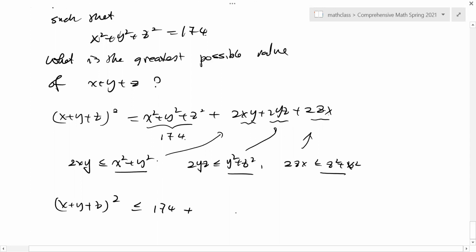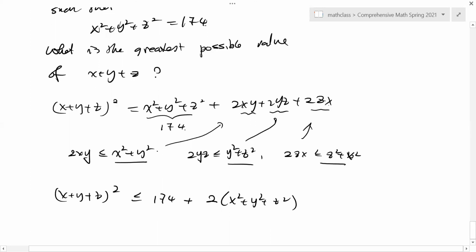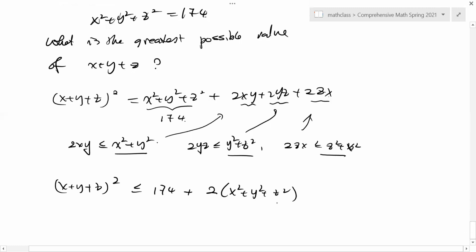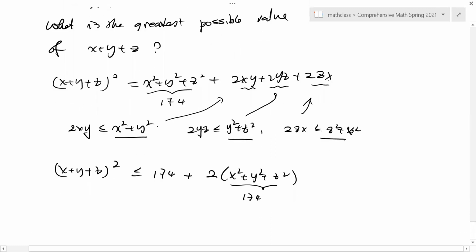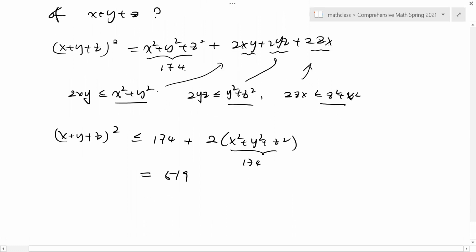Get them together, you get twice x squared, twice y squared, twice z squared. And then again, this can be replaced by 174, so that is going to be 519.